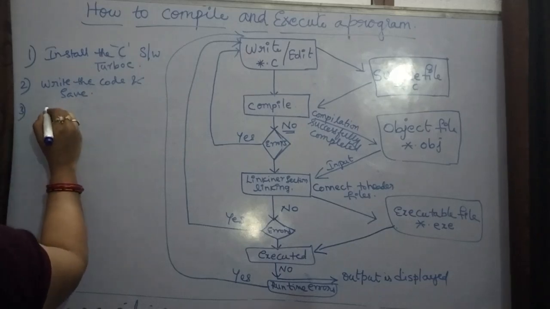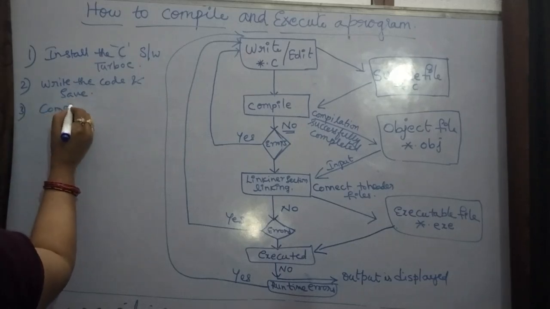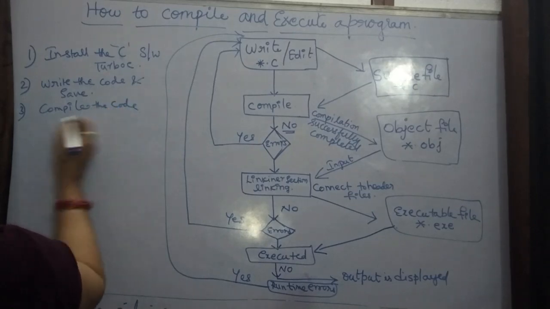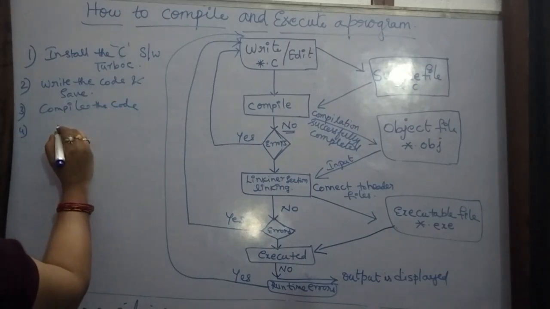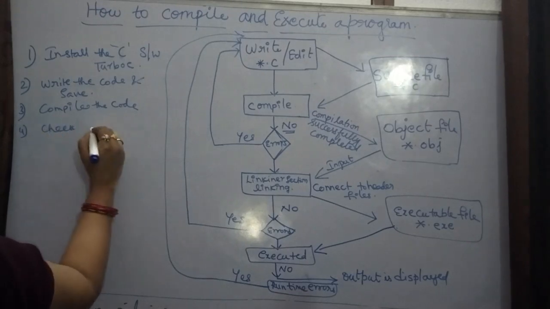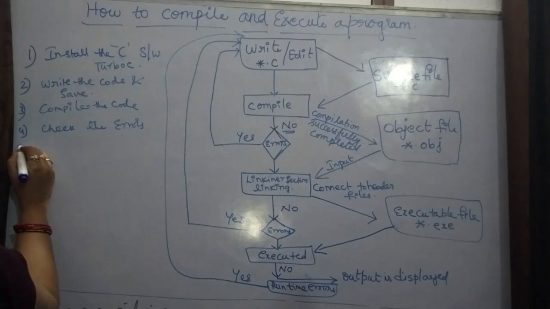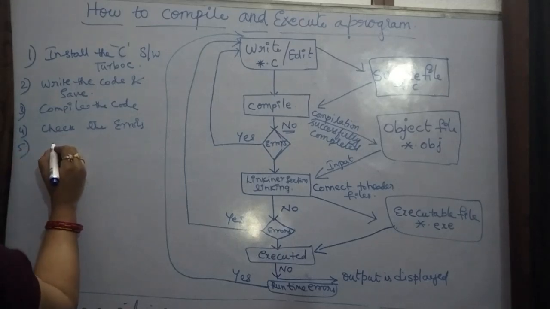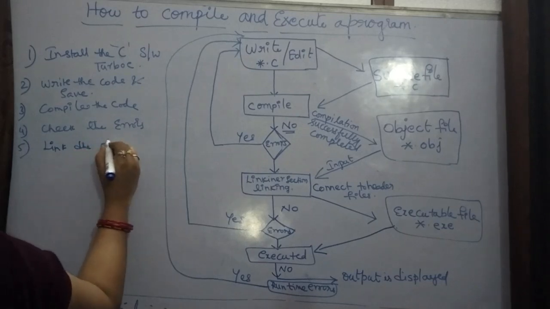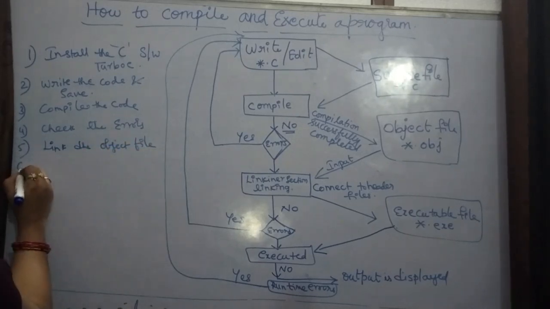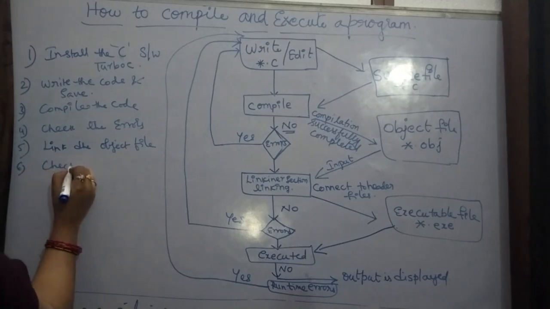Third, compilation: compile the code. Fourth, check the errors. Fifth, next link the object code, the object file. Sixth, again check the errors.